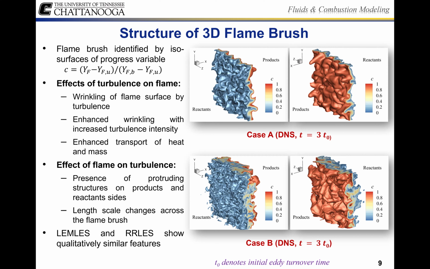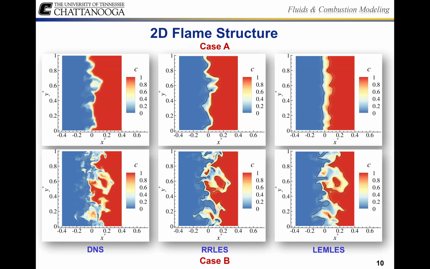Like I said, these were run for 3 eddy turnover times, where the initial value, or T naught, is indicated as the integral length scale over the velocity, or integral length scale over the velocity length scale.